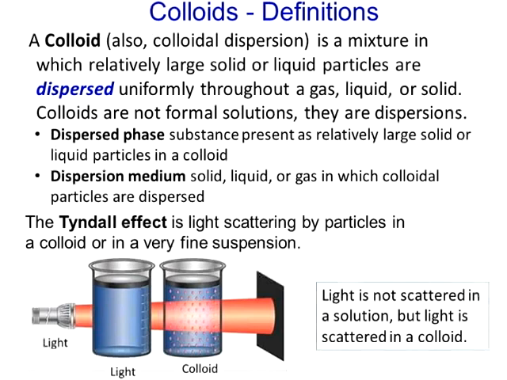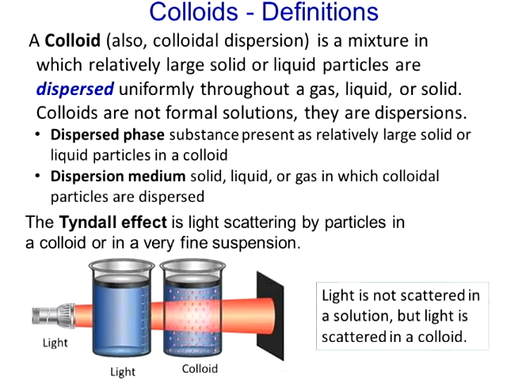In a colloid, you have the dispersed phase in some type of medium, and that medium is called the dispersion medium. It's a solid, liquid, or gas in which the colloid particles are dispersed. For some, this might sound like splitting hairs, but in terms of how the materials respond in certain applications, it is very much dependent on whether it is a true solution or a dispersion.